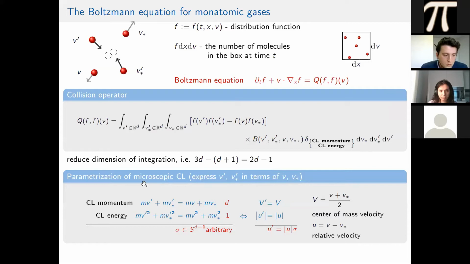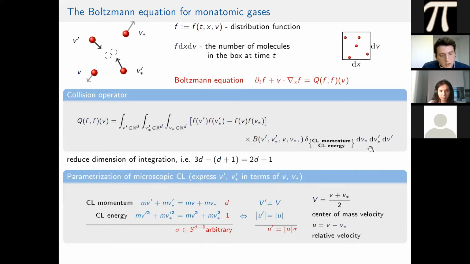We have two laws: the conservation law of momentum and the conservation law of energy. If you introduce the relative velocity and the velocity of the center of mass, it says that the velocity of the center of mass does not change, and also the intensity of the relative velocity remains the same.